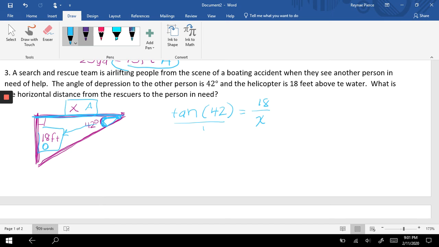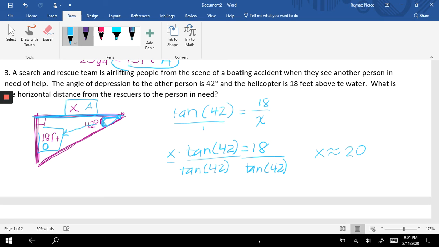Okay, treat this like a proportion. X times the tangent of 42 is equal to 18. Divide both sides by the tangent of 42. And we get 19.99, or about 20 feet away.